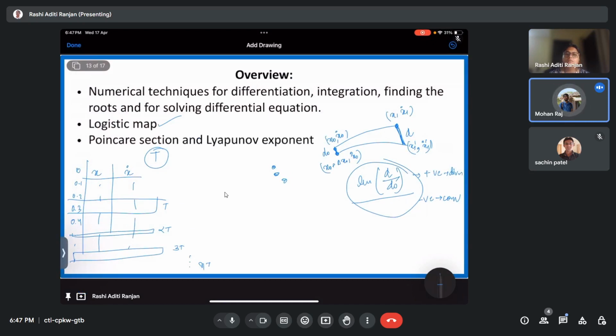But usually experimental data will have noise. So first, if we find the FFT of that and find the largest frequency, that is the smallest time period, and if we section it with that time period, the noise will be contributing, and we may not be able to tell whether the Poincare section is smooth or scattered due to noise or due to chaos.